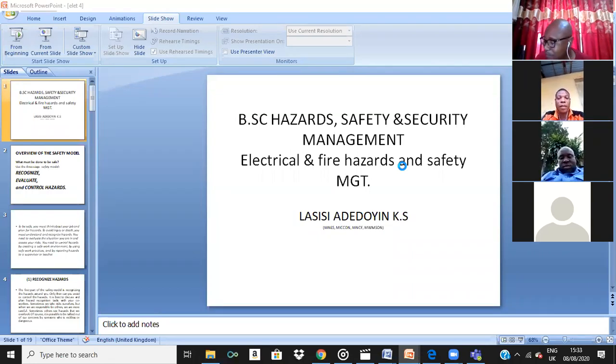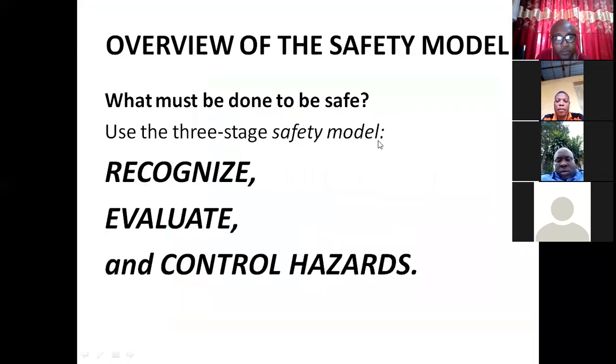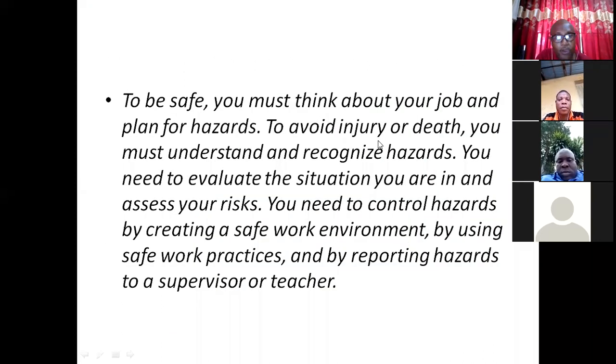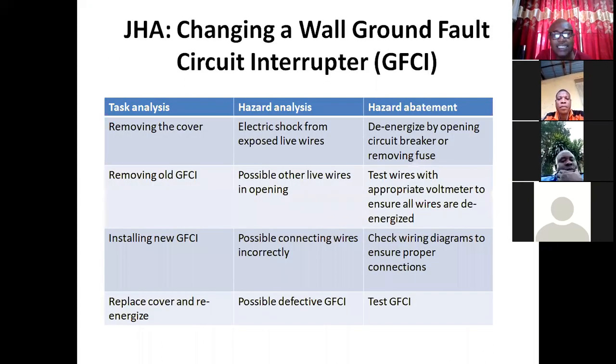Thereafter, I gave an example of job hazard analysis. How do you carry out a job hazard analysis? By checking stage by stage, recognizing hazards at every stage of the work you want to do.